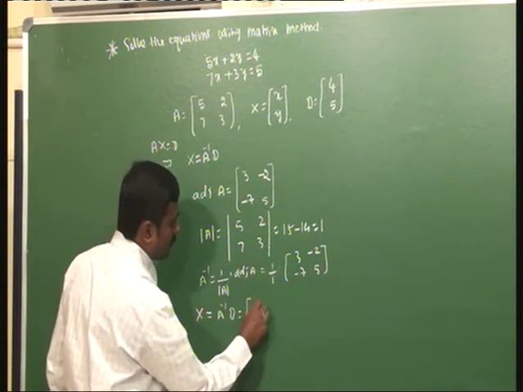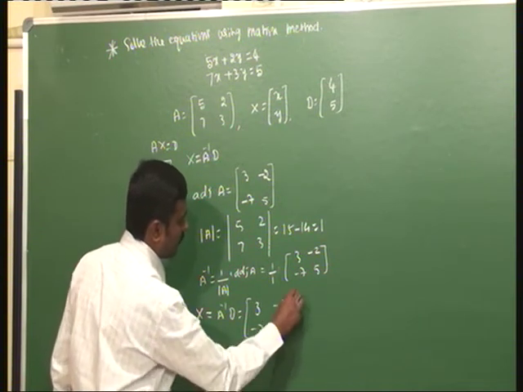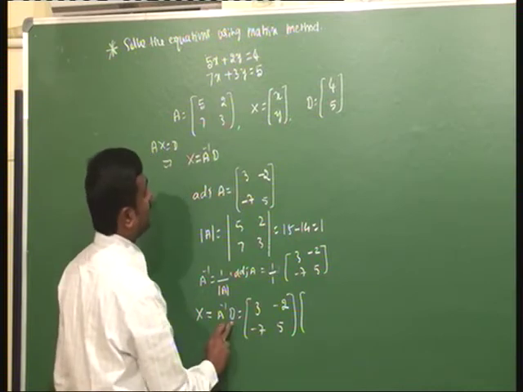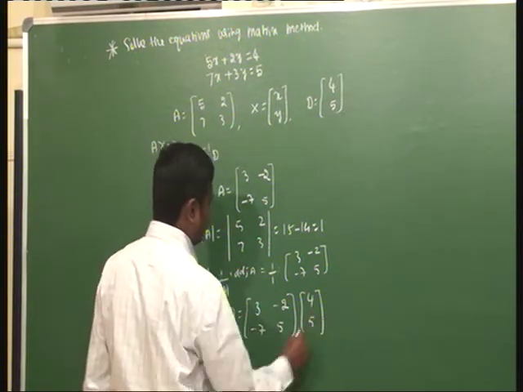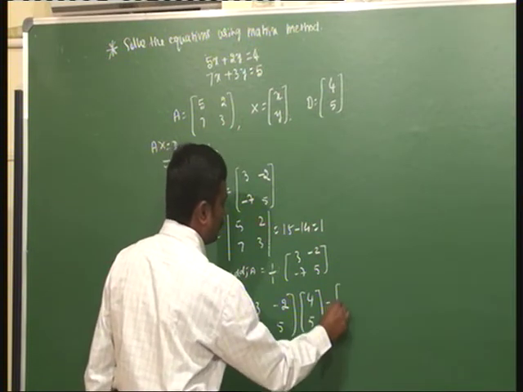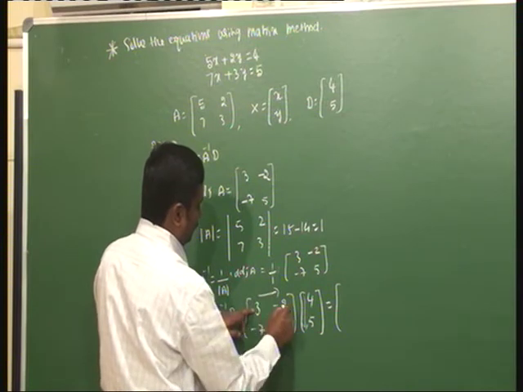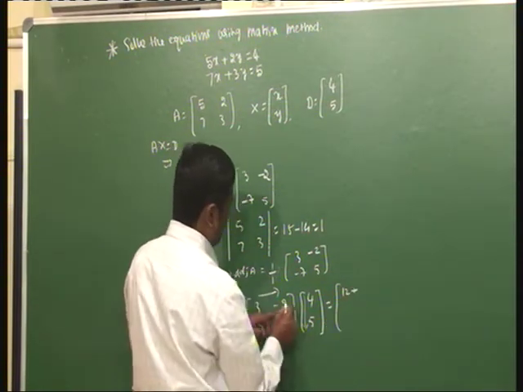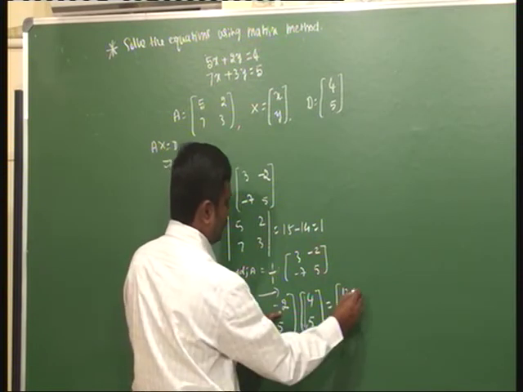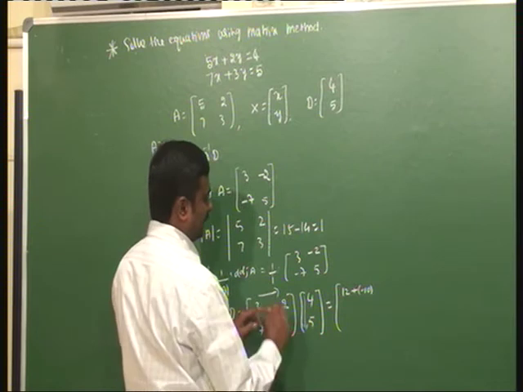Therefore, 3, minus 2, minus 7, 5 into matrix D, 4, 5. If I simplify this, 3 4s are 12 plus 5 into minus 2, which is minus 10.